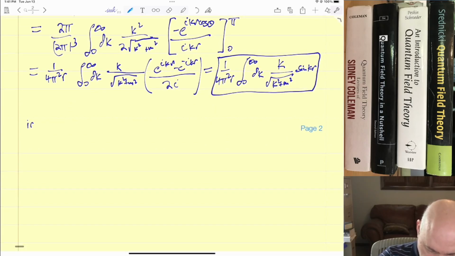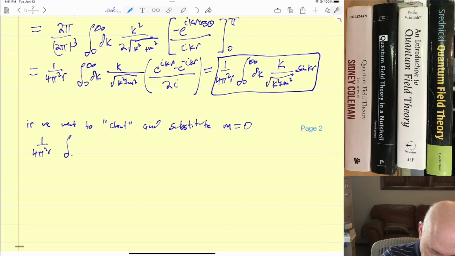Now, if we want to cheat, and substitute m equals 0 to get the limit right away, we end up getting 1 over 4 pi squared r, the integral from 0 to infinity, dk sine kr, which is not defined, doesn't converge.